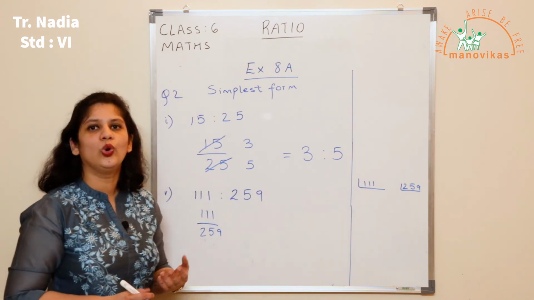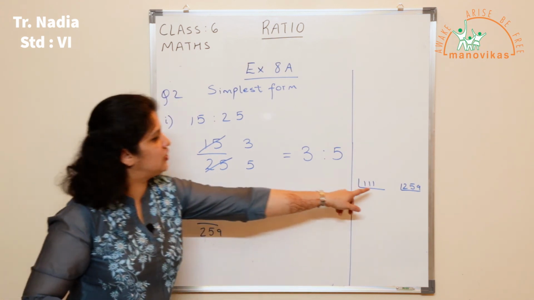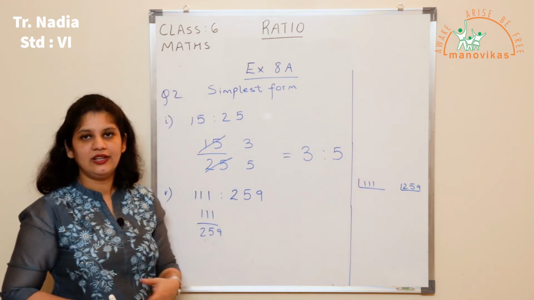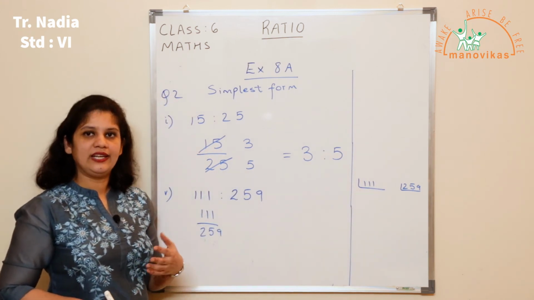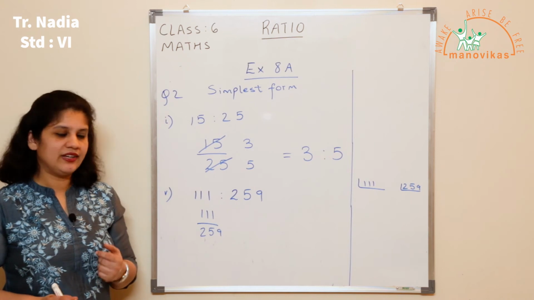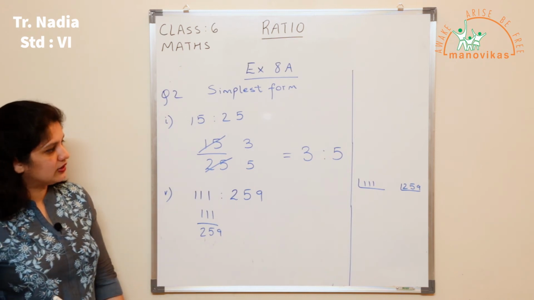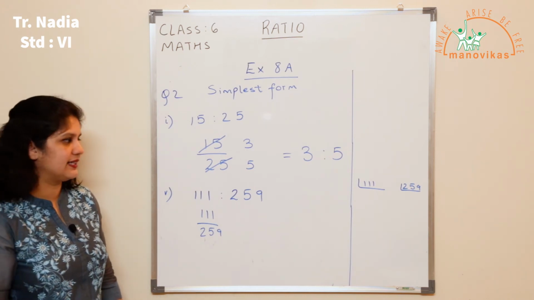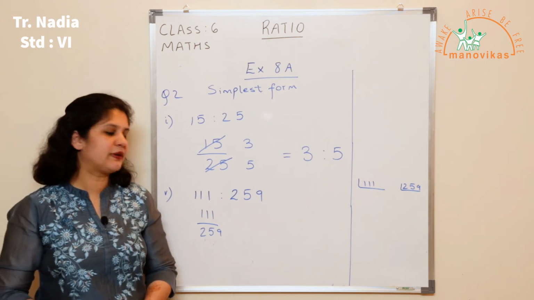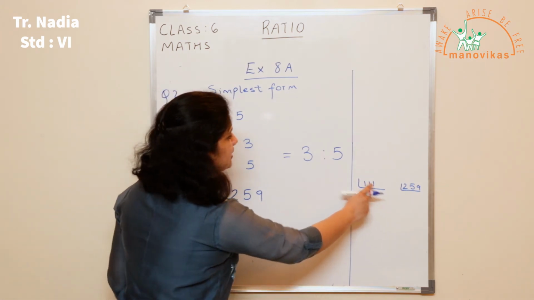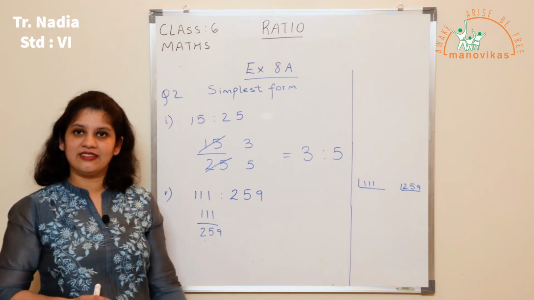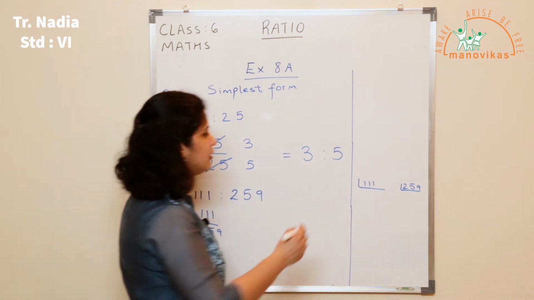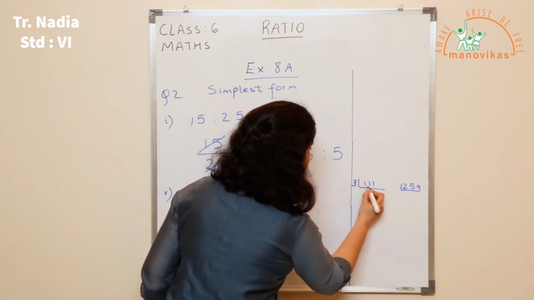111 won't go in the 2 table because the last digit is 1 and it is odd. We can use the 2 table only if it is ending with an even digit. So I cannot use the prime number 2 to factorize it. Let me see if I can use prime number 3. 1 plus 1 plus 1, the total is 3 and 3 is a multiple of 3. So I can make use of the 3 table.